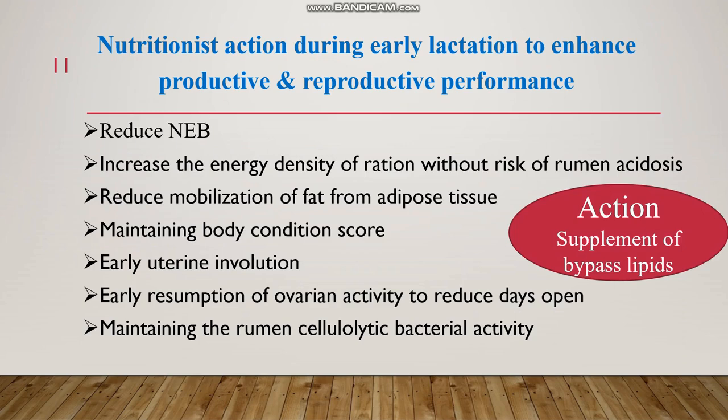They try to reduce the mobilization of fat from adipose tissue, maintain the body condition score, achieve early uterine involution, early resumption of ovarian activity to reduce the days open, and maintain the rumen cellulolytic bacterial activity. Now the action is to supplement bypass lipid in the diet of dairy animals.